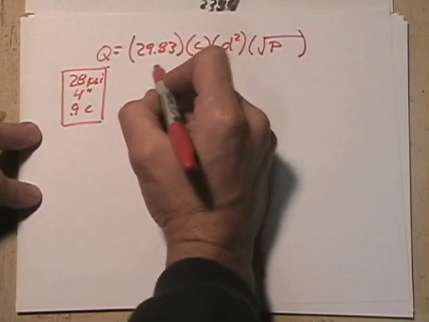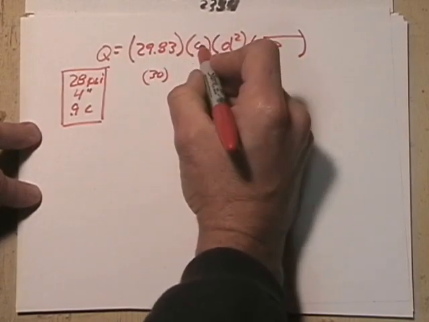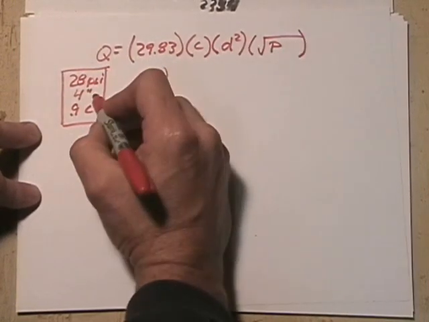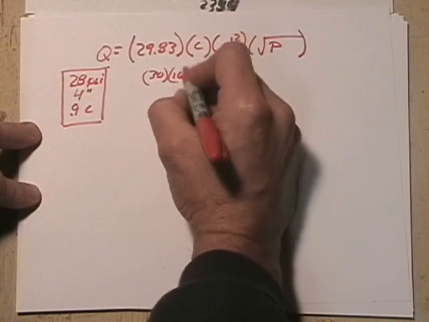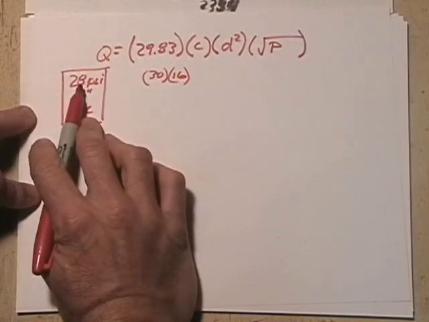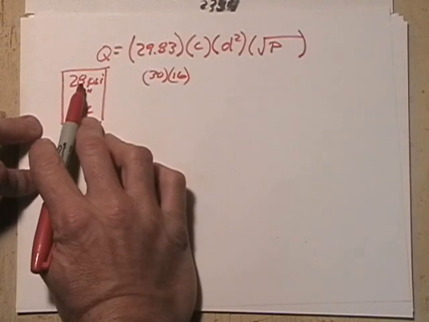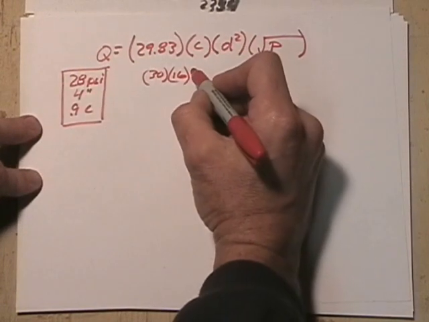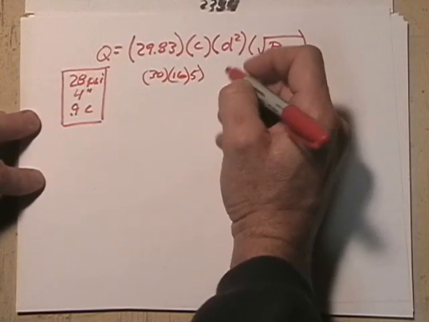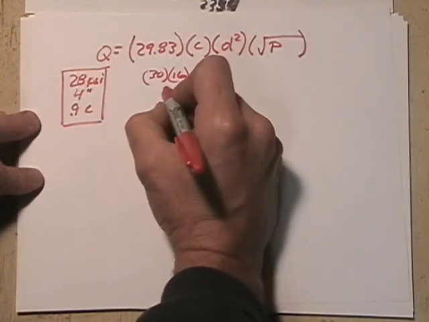So what I like to do is just say, let's just say 30, and we'll just call the C factor 1, times the diameter squared, so times 16, and then the square root of the pressure. And we know that 5 times 5 is 25. So if it's just going to be a little bit more than that, we should be able to get a pretty good guess here on what our number is going to be.